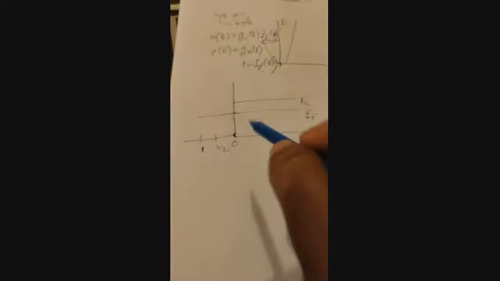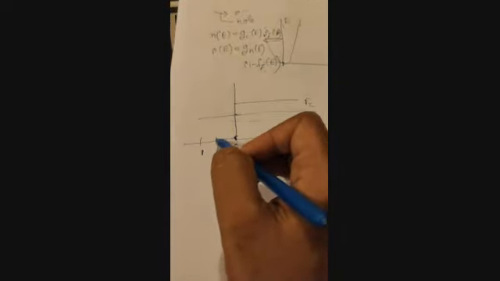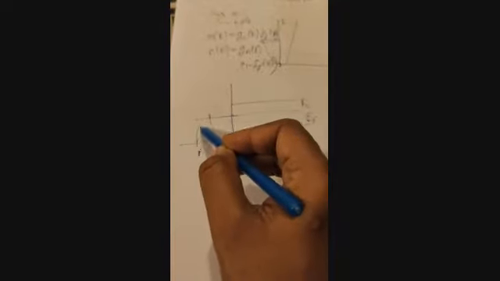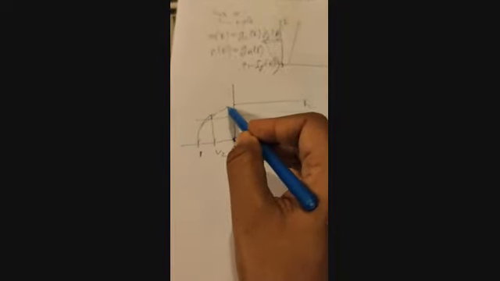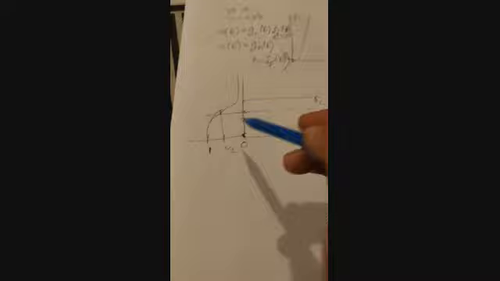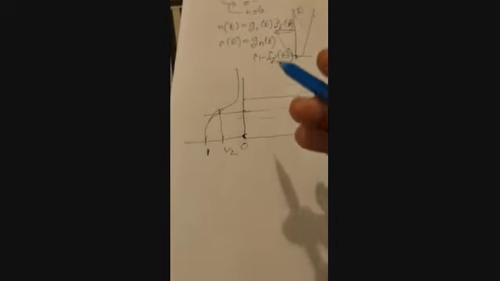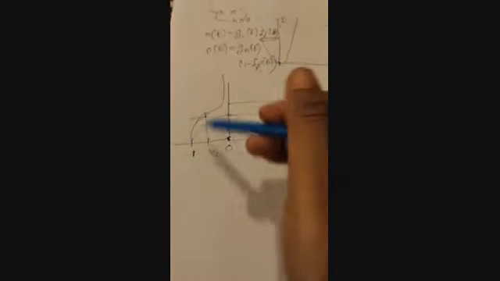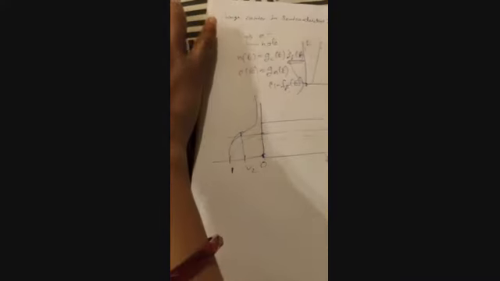As I have said, at the Fermi level the probability of occurrence of electron is 1 by 2. So now the Fermi-Dirac function is like this. If the Fermi level is coinciding with Ei, then it should be like this. Depending upon that, the location is decided.